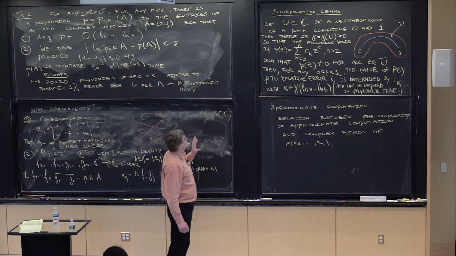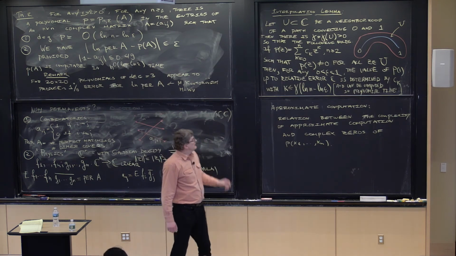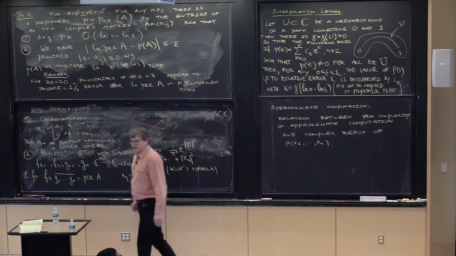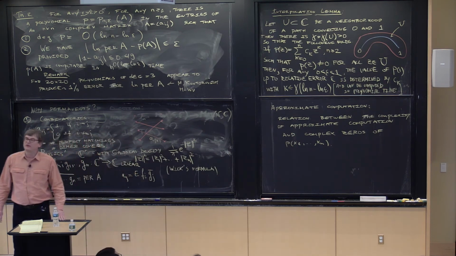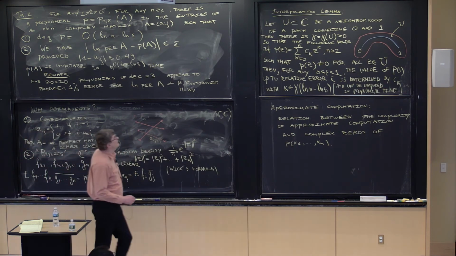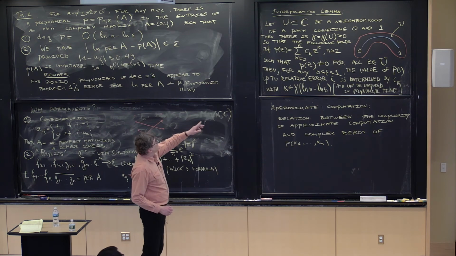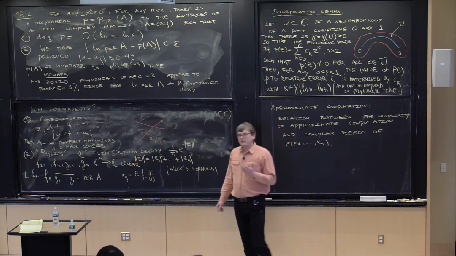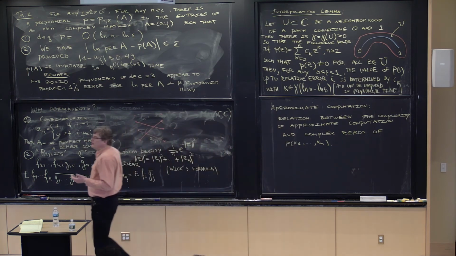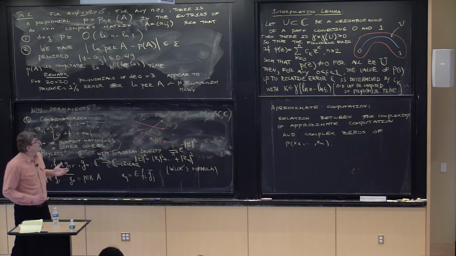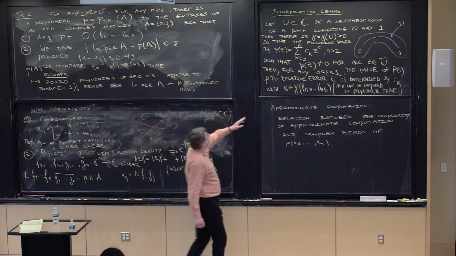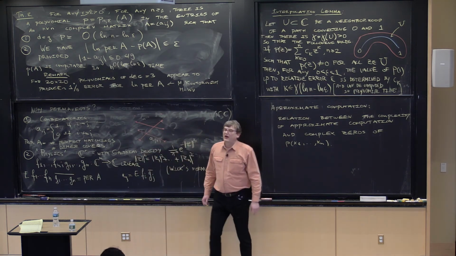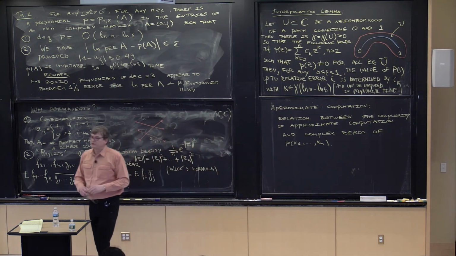This neighborhood gives you a constant, which makes the interpolation sort of trivial. Basically, you say that if you want to compute the value of your polynomial at 1 with an error epsilon, then you just look at the first logarithmically many coefficients, and you ignore the rest, and that will do the job.